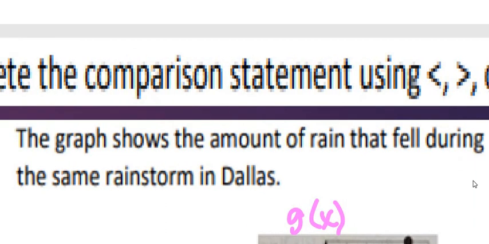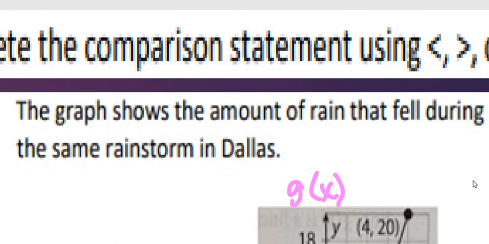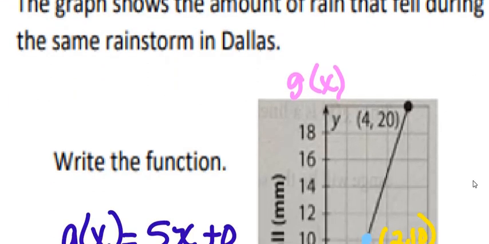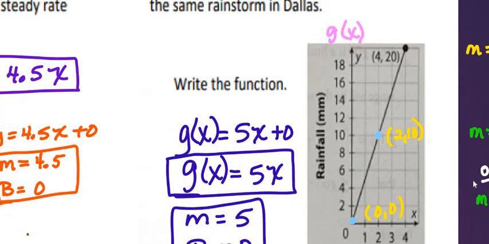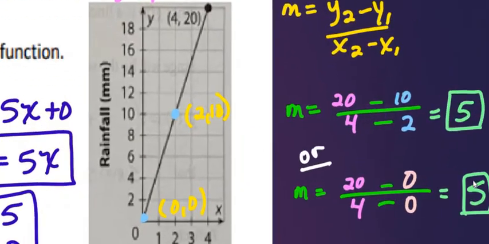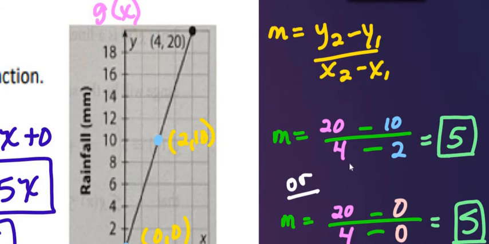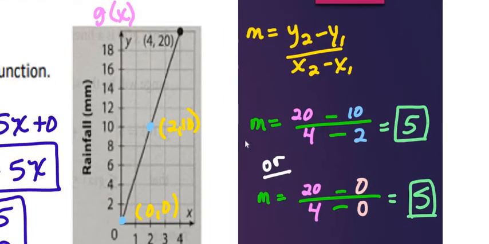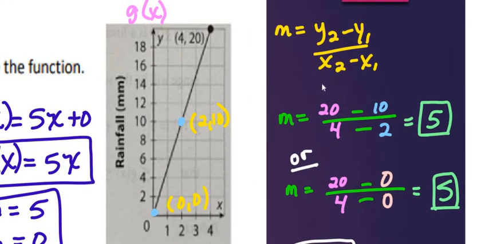So the graph shows the amount of rain that fell during the same rainstorm in Dallas. This is g of x. Now when I look at this right here, I have to come up and find the slope. I'm going to use the slope formula right here.